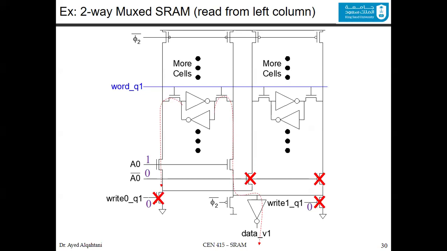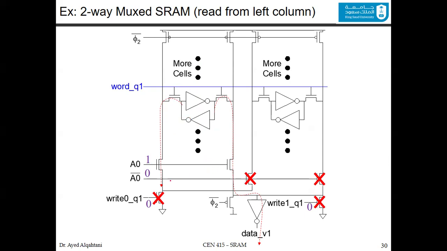This is for reading from the left column. So we choose the left column, and we want to read the cell there. To choose a cell from the left column, you have to access it by activating its word line. So we will activate this word line once we choose it.